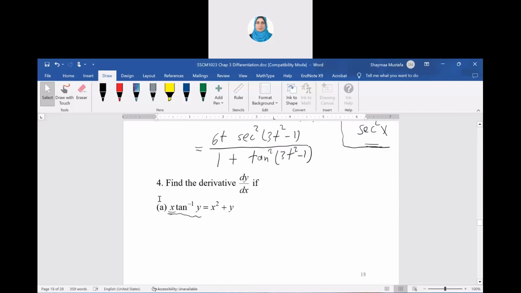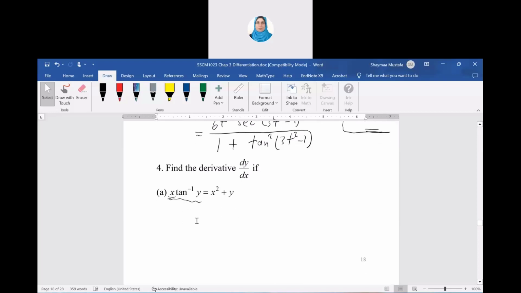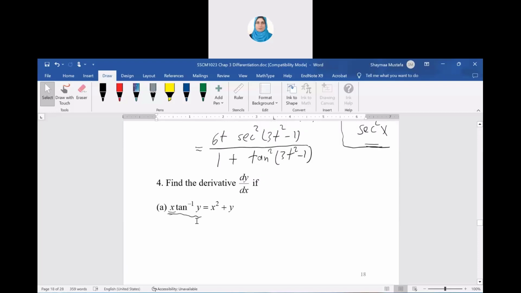Find the derivative dy over dx for this one. This one is implicit. We cannot separate x from y, so we will go for finding dy over dx. For the implicit, we will agree about the steps. First step, you need to find the derivative for each term.